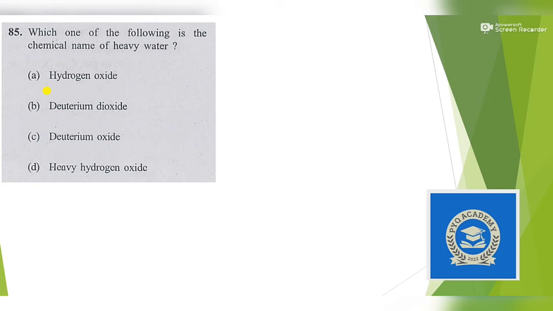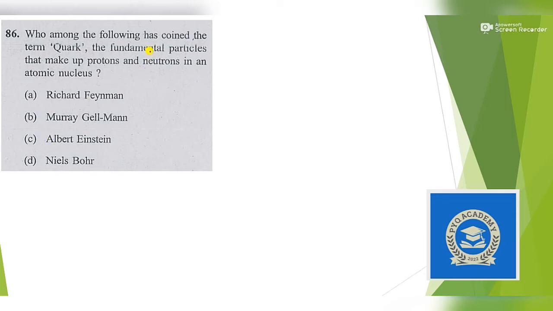Okay, next question, which one of the following is the chemical name of heavy water? So chemical name of heavy water is nothing but deuterium oxide. Do not confuse with deuterium dioxide. It is D2O. Okay, and deuterium oxide is the name. So next question, who among the following has coined the term quark, the fundamental particles that make up protons and neutrons in the atomic nucleus?